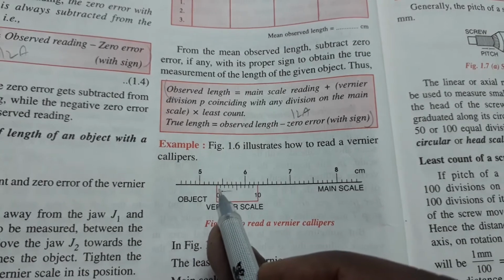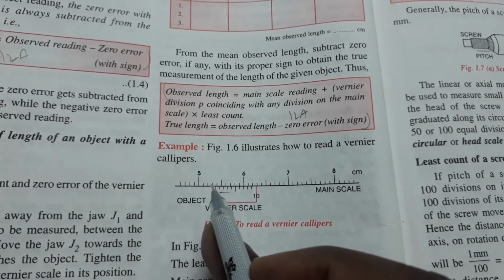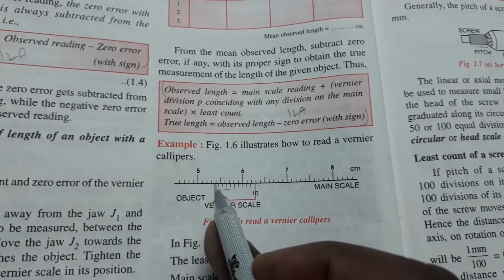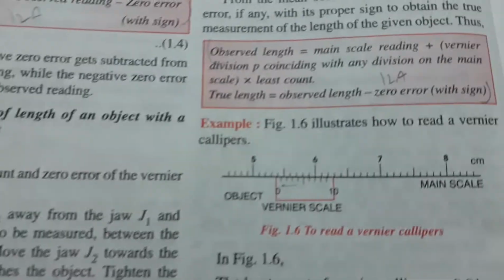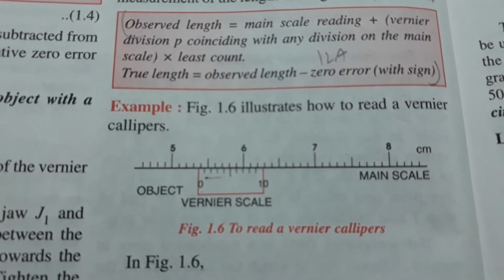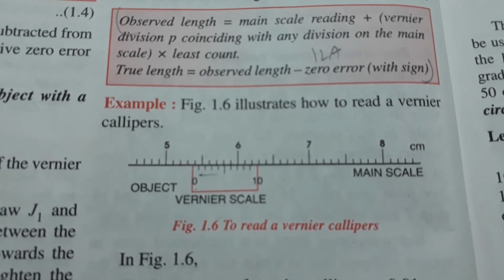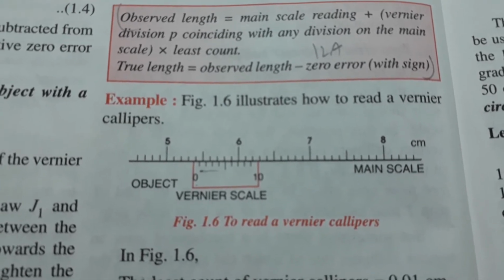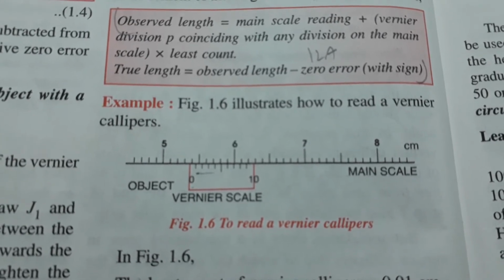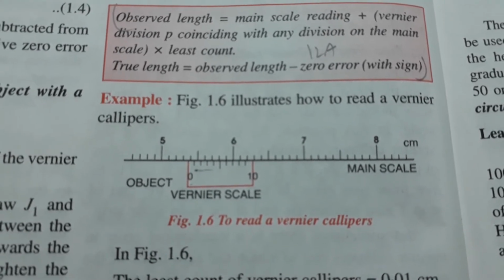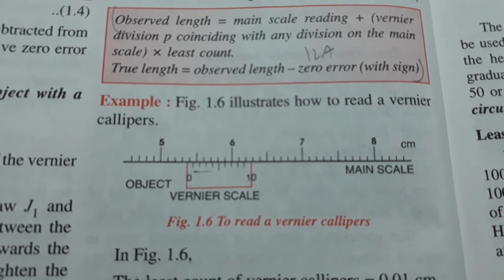The zeroth division of the Vernier scale moves up to 5 centimeters and 3 millimeters. Observe clearly: it is 5.3 centimeters, but not exactly 3 millimeters. It crossed 3 millimeters and has not reached the 4th millimeter.